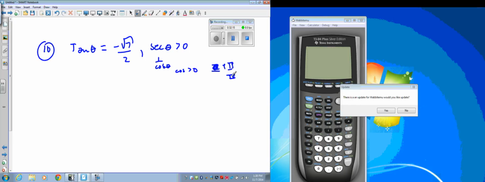But if the cosine is positive, the tangent's negative, and tangent is sine over cosine, it means sine is negative. And sine's what I've got to solve for. So sine of my angle is negative, because secant's positive, 1 over cosine is the identity there. Cosine's positive, that means tangent is sine over cosine, therefore sine is negative, because this is a negative value.